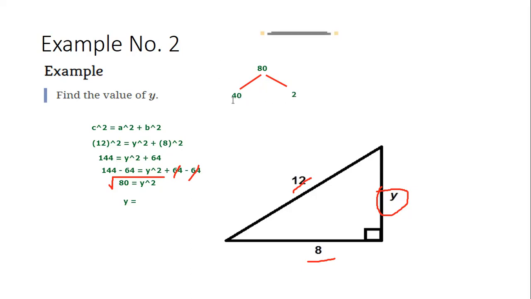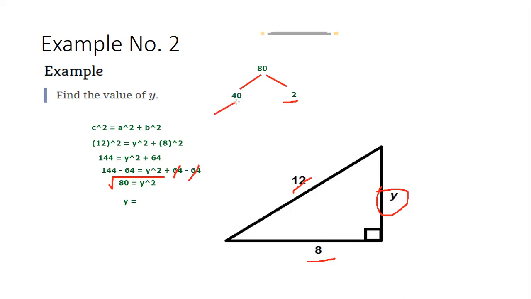So 40 is the missing factor, since 80 divided by 2 is 40. Since 2 is not factorable anymore because it is a prime number already, but here we can still factor out 40.